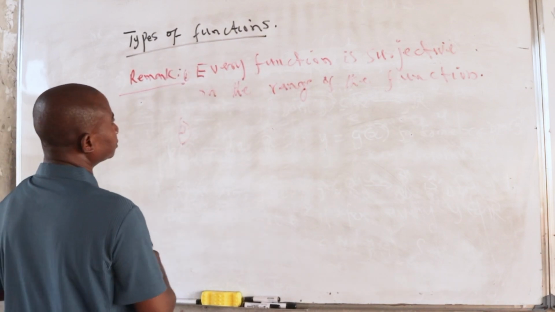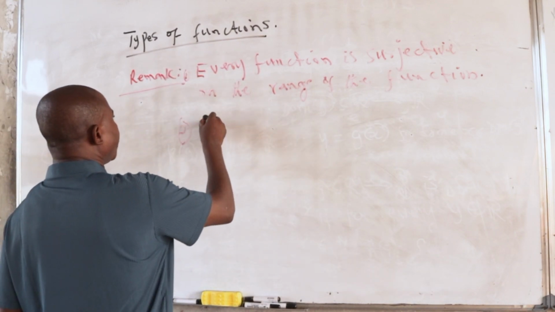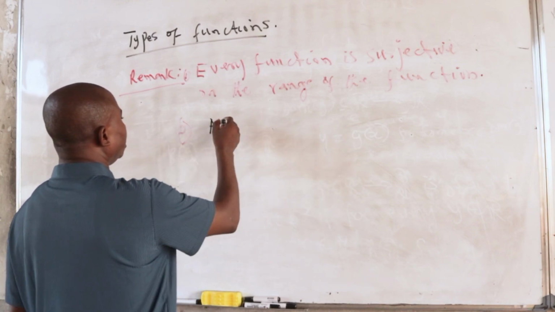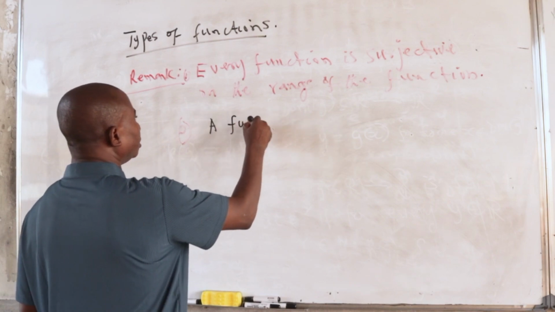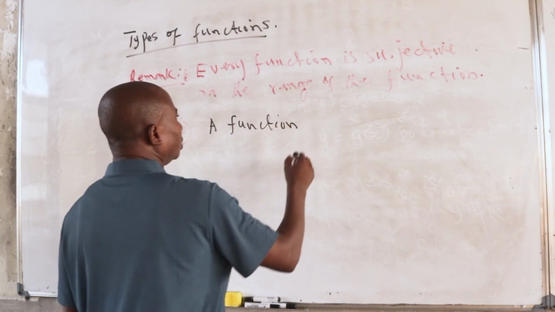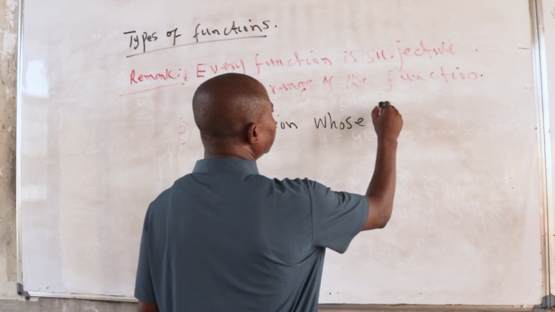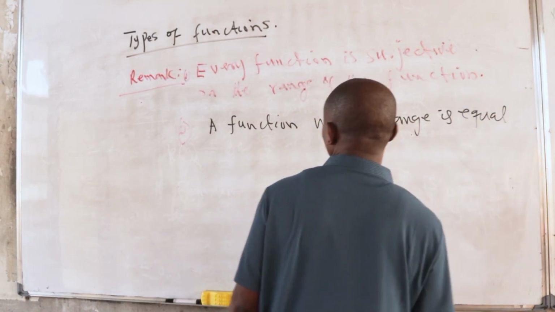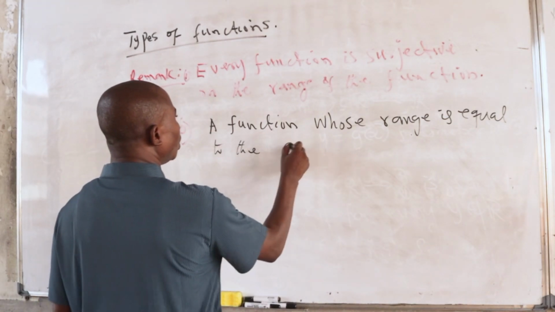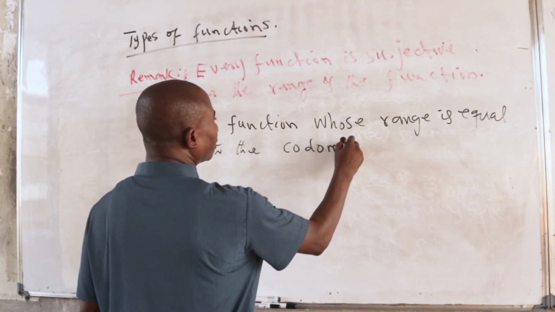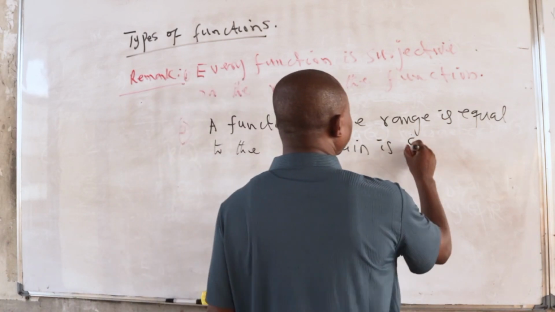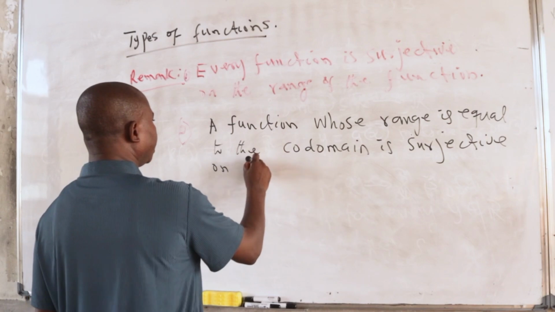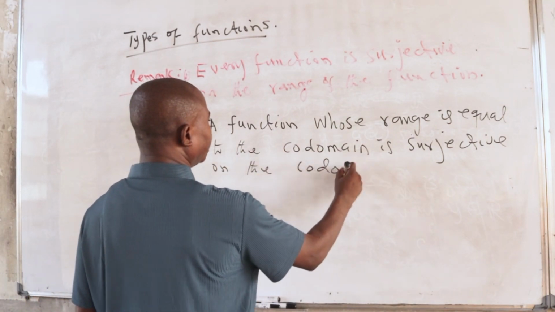Two, that second remark is that a function whose range is equal to the codomain is surjective on the codomain.